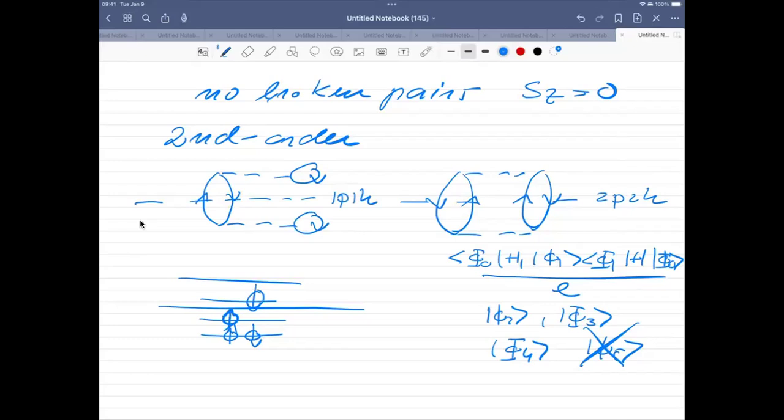So that is a possible one-particle, one-hole excitation, but this is not allowed here because we are breaking a pair, even though the total spin projection is conserved. So the one-particle, one-hole diagram is going to give us zero contribution. So this does not contribute.